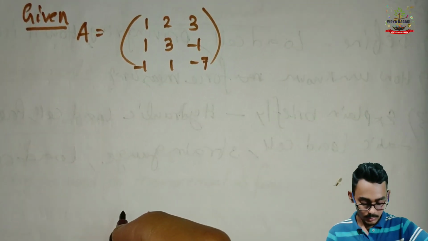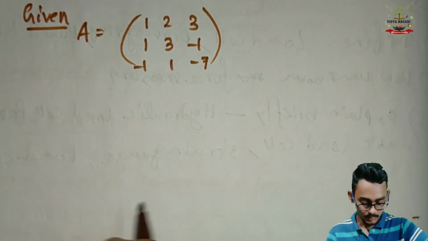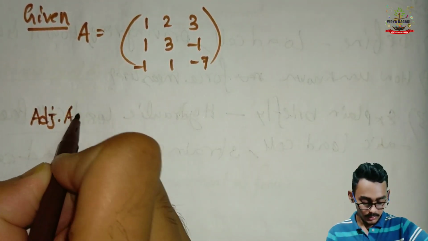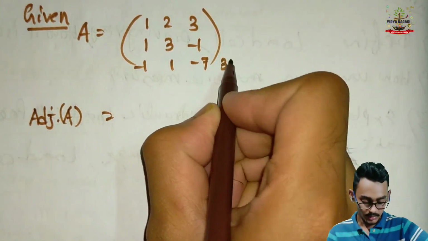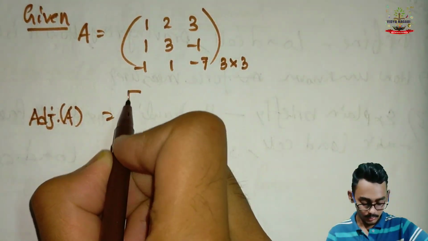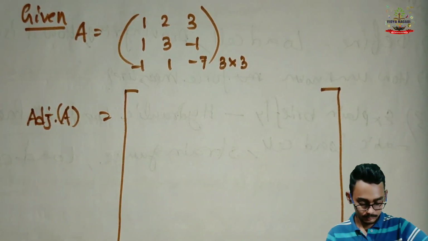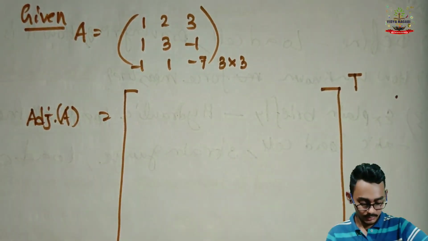Now we have to find out the adjoint of the A matrix. This is a 3 by 3 order matrix, so adjoint of A also becomes a 3 by 3 order matrix, and the transpose.